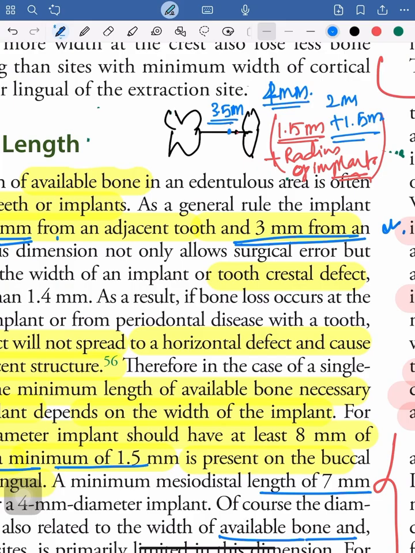Again, these calculations would vary from case to case. Suppose this tooth was inclined mesially, you would need a little bit more clearance.